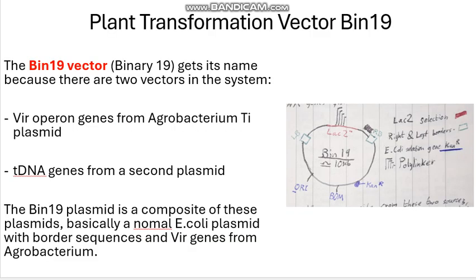We can see the polylinker labeled on this Bin19 plasmid as a bunch of upside down L's on top of the LacZ gene. These are all restriction enzyme recognition sites. We've taken two of these recognition sites, used a restriction enzyme to cleave them, to open up the DNA and give it sticky ends, so we can insert our gene. So the gene has been inserted within two of these restriction enzyme recognition sites within the polylinker.